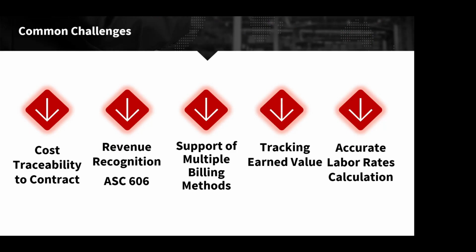First, cost traceability to the contract: being able to easily identify where those actuals are coming from and how they're rolling up to the specific cost objectives. We'll see how that gets addressed using Kinetic ERP. Also, supporting revenue recognition processes to be compliant with the 606 standards based on percentage of completion, and being able to prove out the details that are feeding that process.